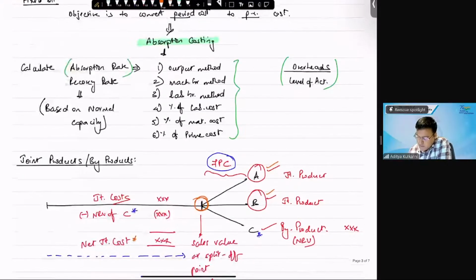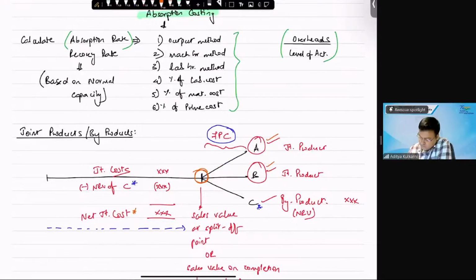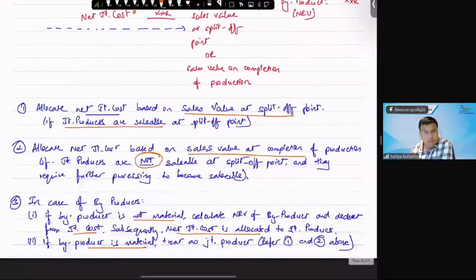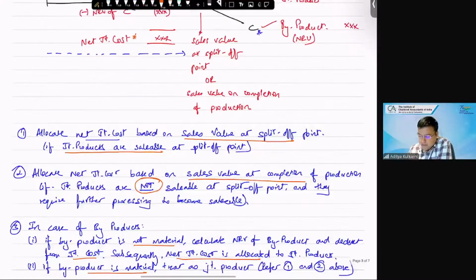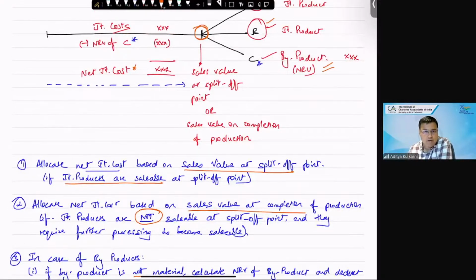Sir, you have explained the third point. Can you please explain it again? Byproducts. Suppose this byproduct is immaterial to you. Then you treat it as scrap. Scrap means you did not want to manufacture this, but now that it is manufactured, you will sell it off as scrap.